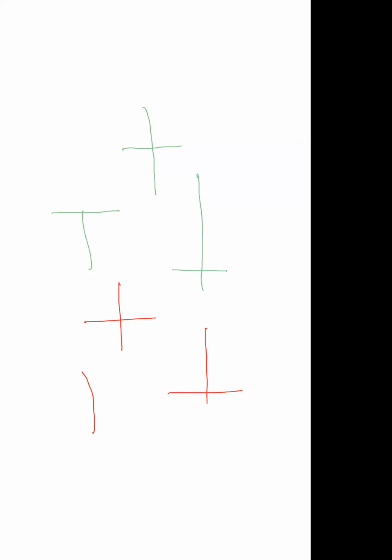Some of them have a longer tail, so we call these Dojis. Now a Doji is an indecisive candle. It shows that at this point, no one is stronger than the other. You get the point? That's what it means.